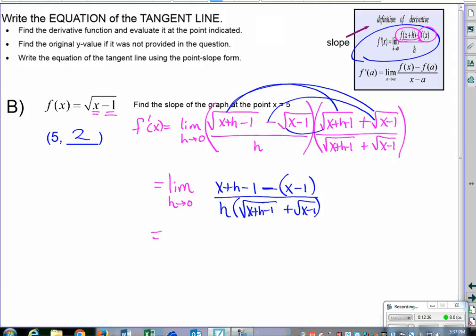Back to writing the word limit. Let's simplify on this next step. Sending the negative through on the top, through that parenthesis. And the bottom can just be rewritten.